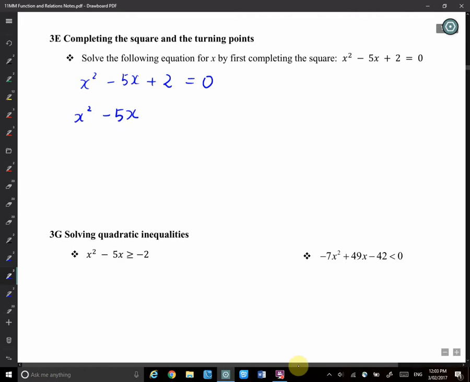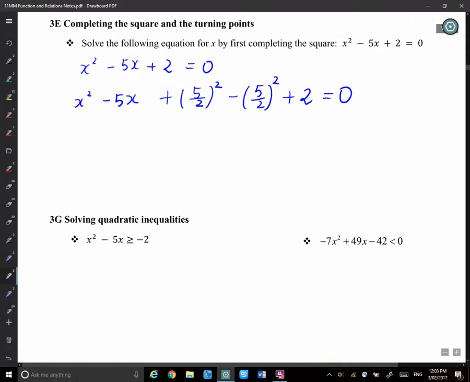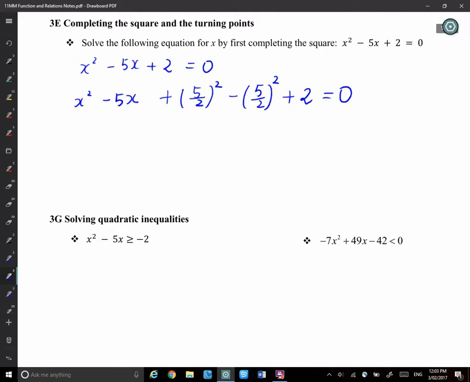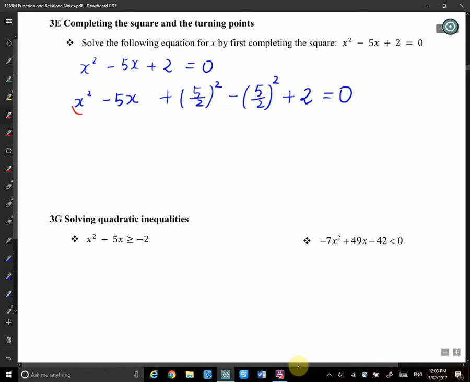I will add half of the b value squared, and I will subtract half of the b value squared, and remain the constant there. Do not change the constant. So what I have to do is add half of the b squared and minus half of the b squared. For the first 3 terms and the next 2 terms, I will combine them together.